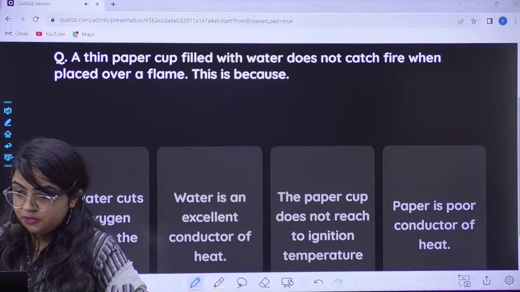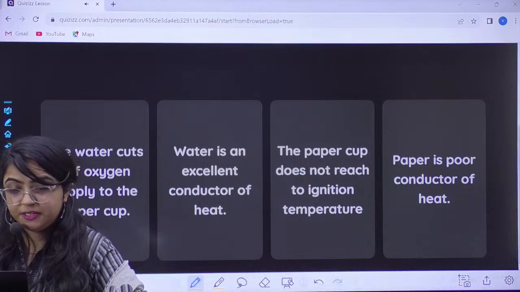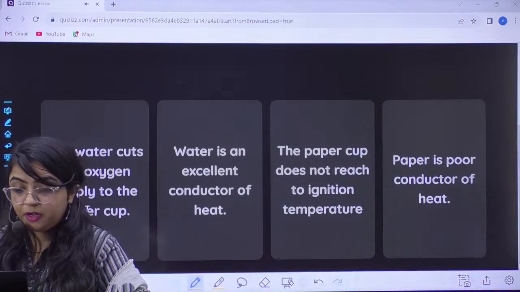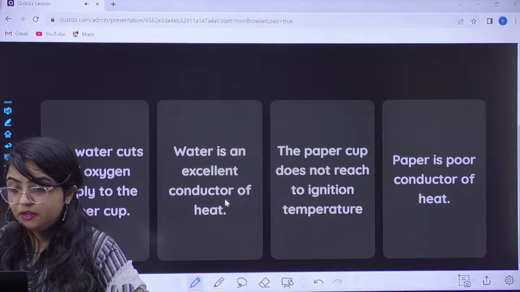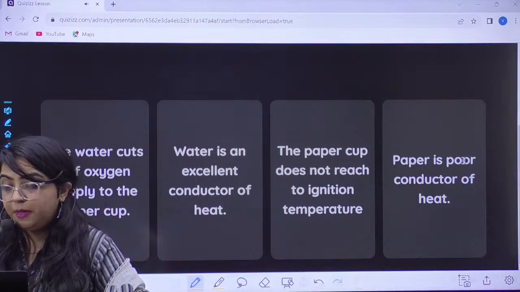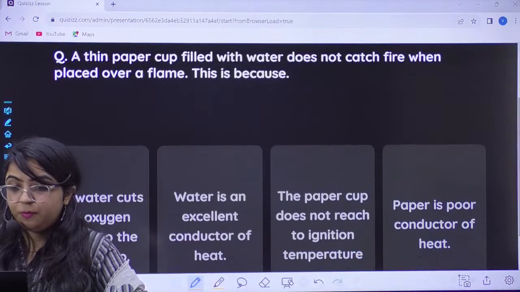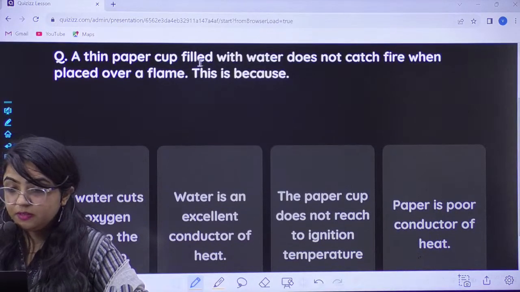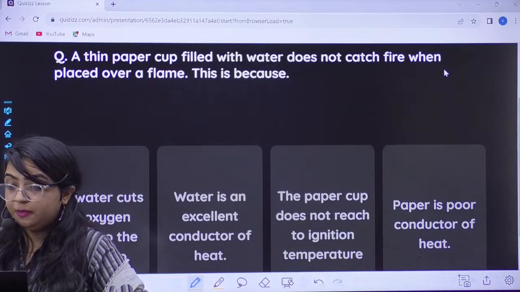This is because, we need to find the most appropriate reason. The first option is, the water cuts off oxygen supply to the paper cup. Option B, water is an excellent conductor of heat. Option C, the paper cup does not reach the ignition temperature. And option D is, paper is a poor conductor of heat. So find the most appropriate option for the reason why paper is not able to catch fire.